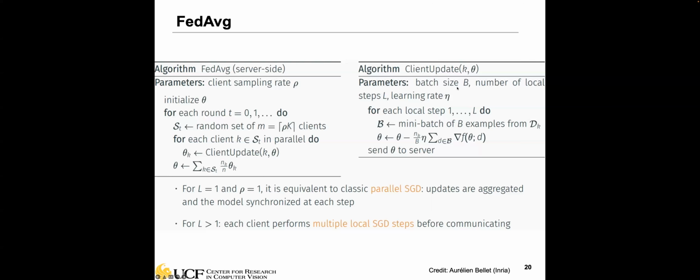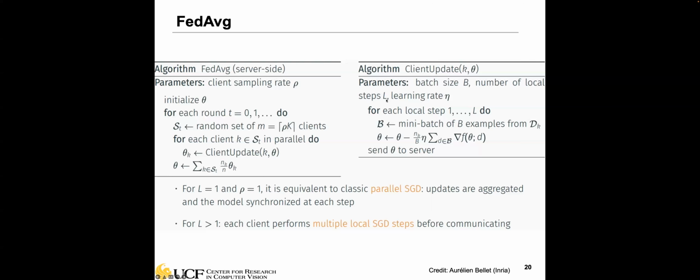For the local client, we do the client update. This is the step here, showing how the local client does their update. This is nothing but just like centralized training, except they train based on their own data. You will have a batch size and also the number of local steps, meaning how many training epochs you want to train based on your local data before you send in your model update.